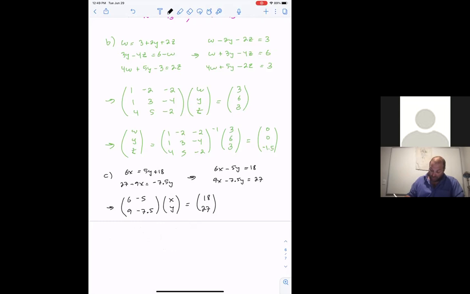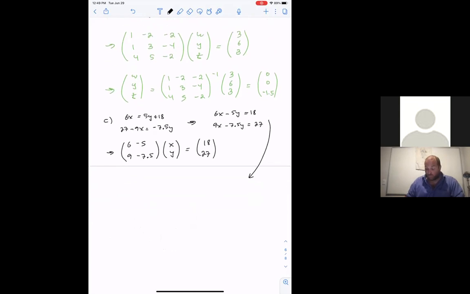So let's go back to this version here and see if we can figure out what the problem is. The problem is that if you take the first equation, 6x minus 5y equals 18, and multiply it by the number 1.5, you get the second equation. In other words, these two equations are redundant.